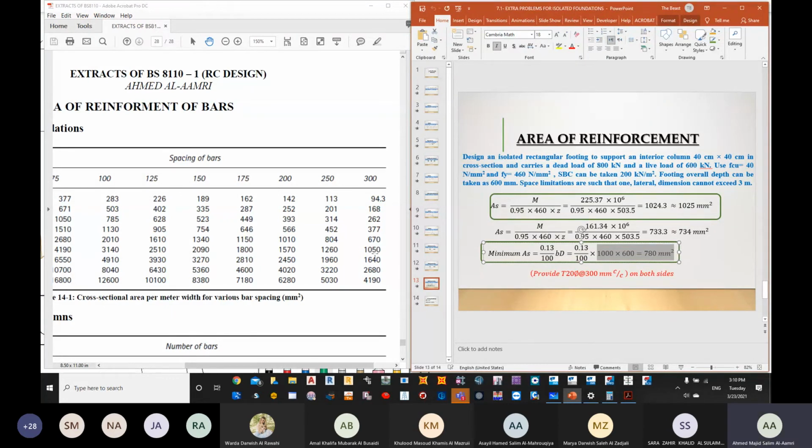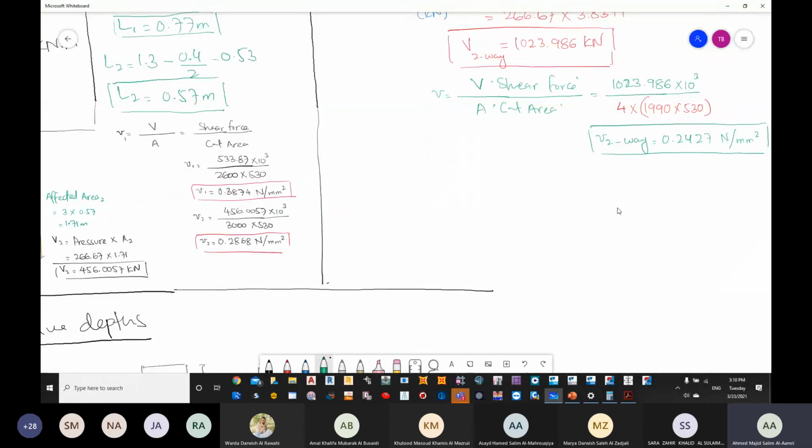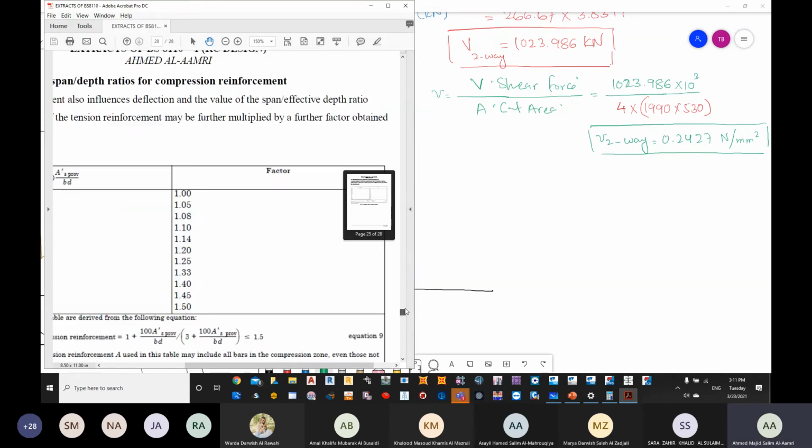Okay, that's related to the calculation of area of reinforcement. Now the last thing is to check for VC. Okay, let us return back to our, what is the equation of VC? We will go to the code once again.